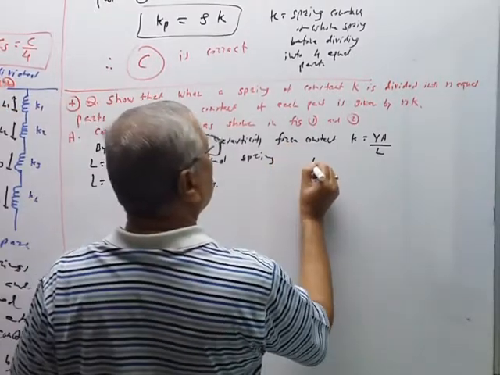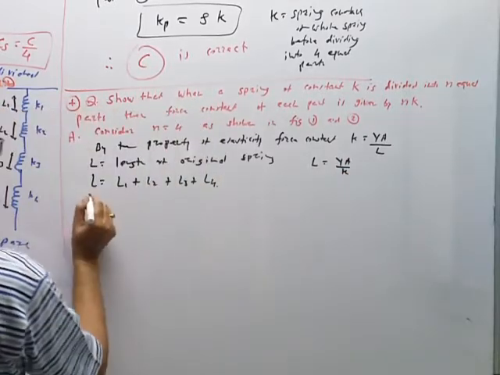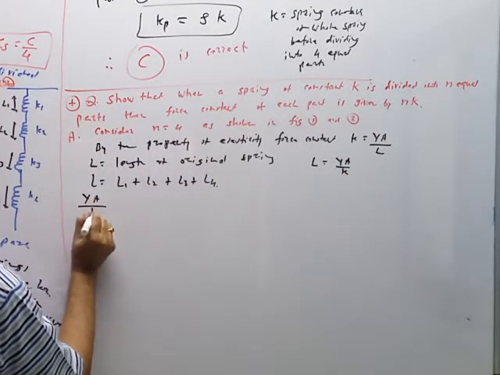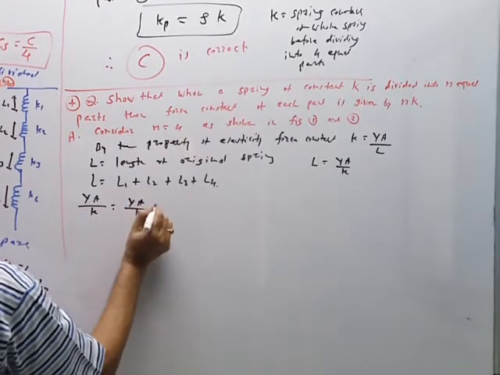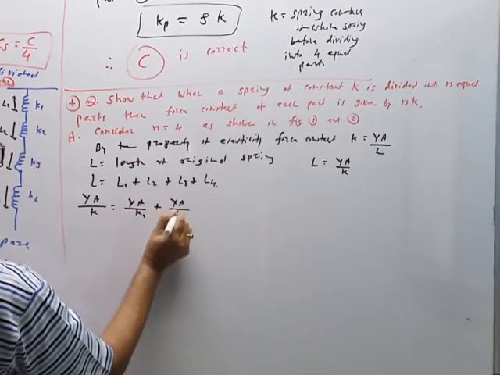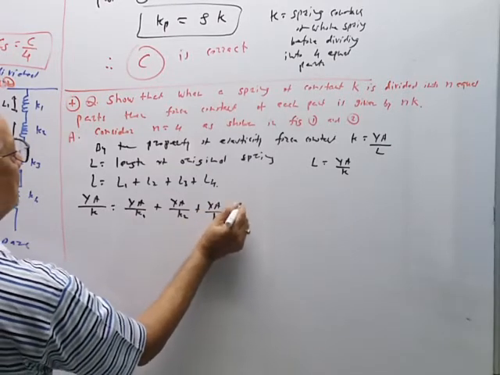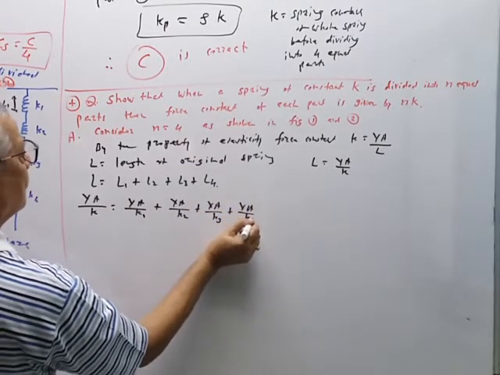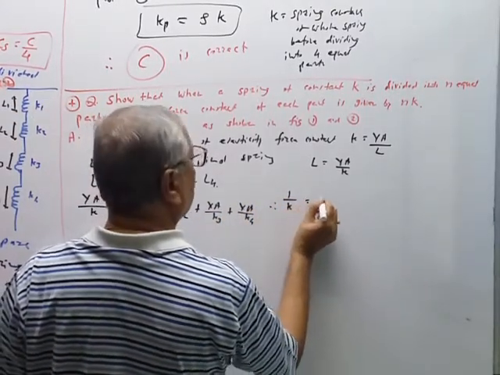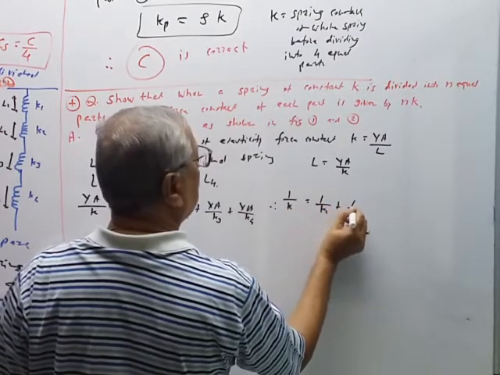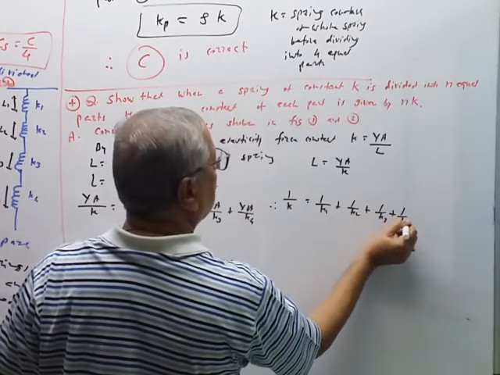Now L is equal to YA upon K. Then YA upon K is equal to YA upon K1 plus YA upon K2 plus YA upon K3 plus YA upon K4. Therefore, YA cancels. So 1 upon K is equal to 1 upon K1 plus 1 upon K2 plus 1 upon K3 plus 1 upon K4.